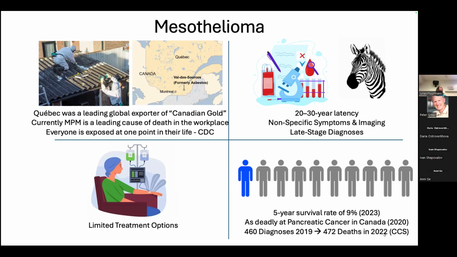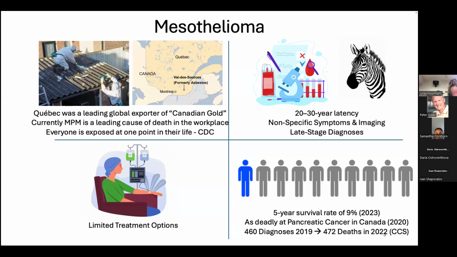The latency period for mesothelioma symptoms is 20 to 30 years, and they are non-specific symptoms that occur without any real indication of what it could be, which often leads to a late-stage diagnosis. All this together, the 30-year latency, the non-specific symptoms and the late-stage diagnosis, leads to very limited treatment options.